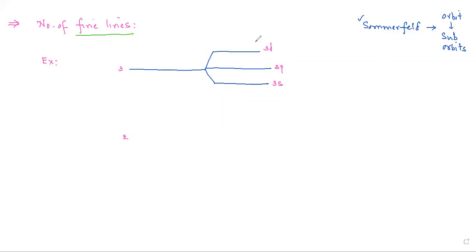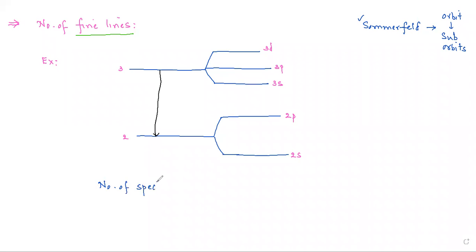And the second orbit contains 2 suborbits: 2s, 2p. Now, if you want the number of spectral lines formed when electronic de-excitation occurs from the third orbit to the second orbit, the number of spectral lines is only 1, because it is possible only when you go from third to second. So spectral lines is just 1.